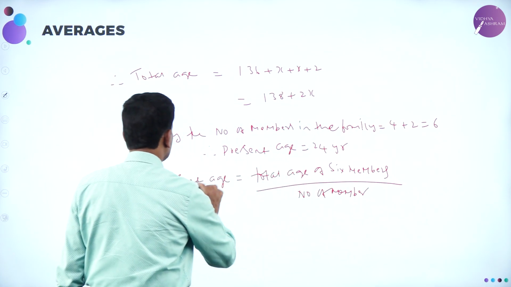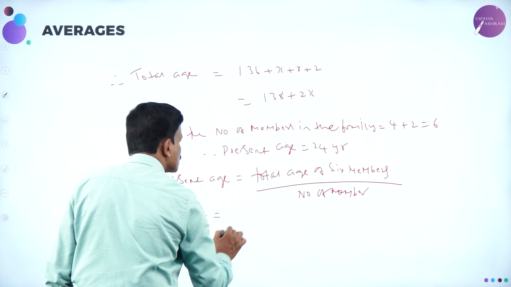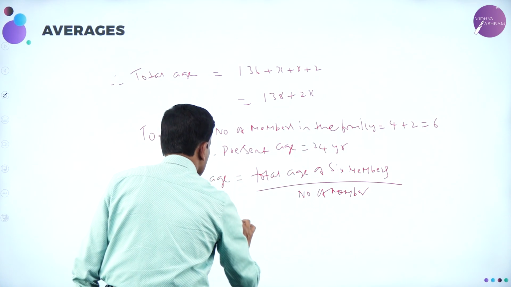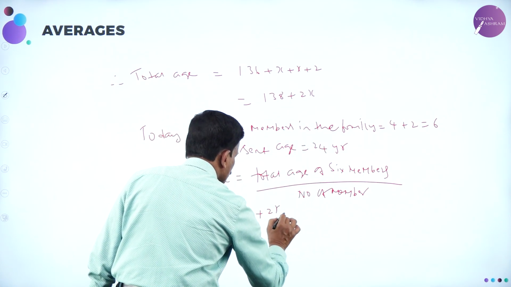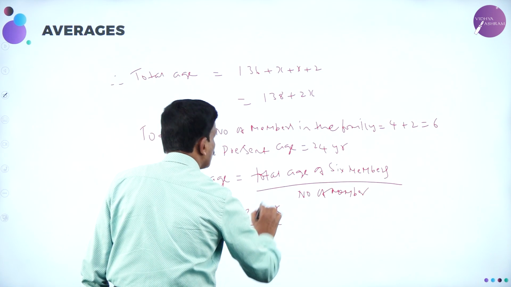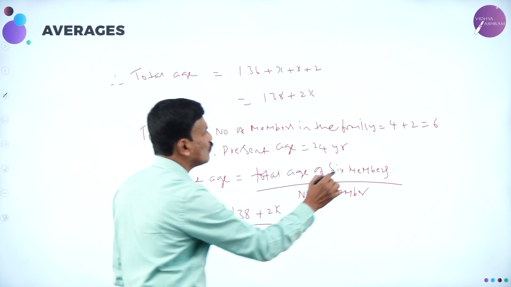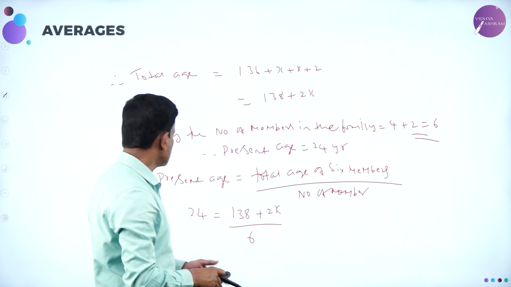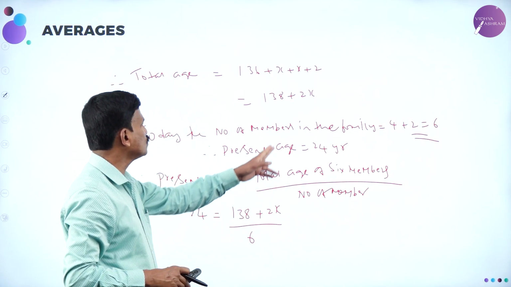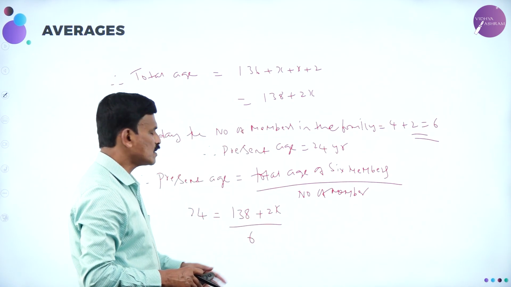So the present age 24 is equal to the total age of 6 members, 138 plus 2x, divided by the number of members in the family, which is 6. 4 plus 2 is 6. So the present age 24 is equal to (138 plus 2x) divided by 6.